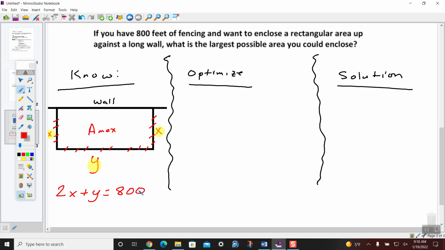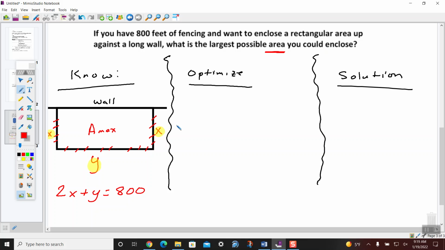Now, what are we trying to optimize, kids? What are we after here? Maximum value. We want the maximum, in this case, largest possible, what here? Now, I told you guys yesterday, you're going to have to know some area formulas. Some of them are easy to remember. Some of them, if you don't remember, where are you going to look them up? Google them.